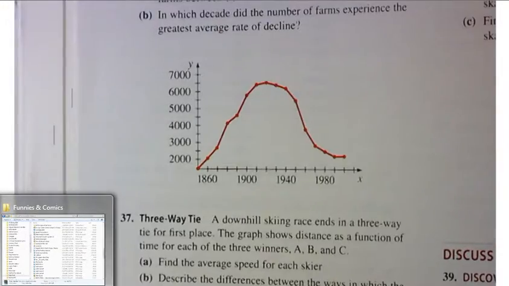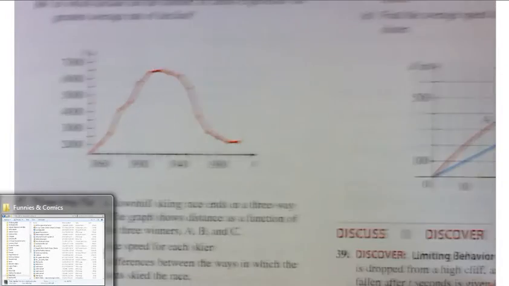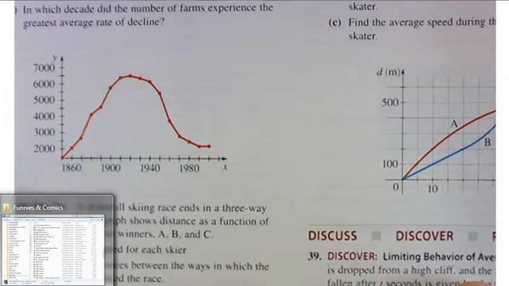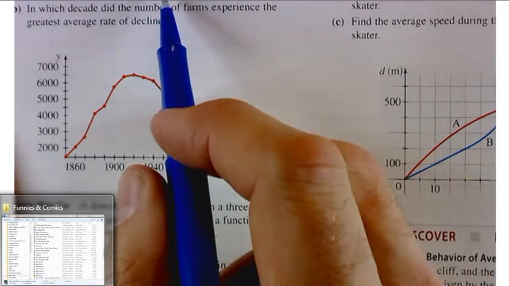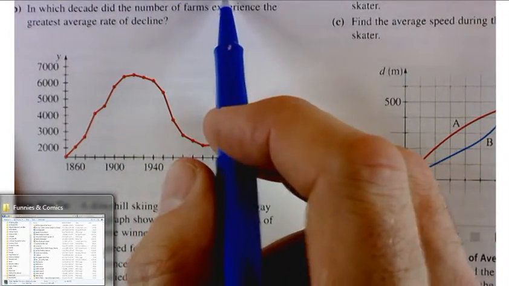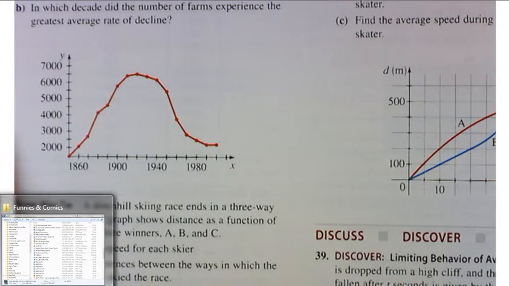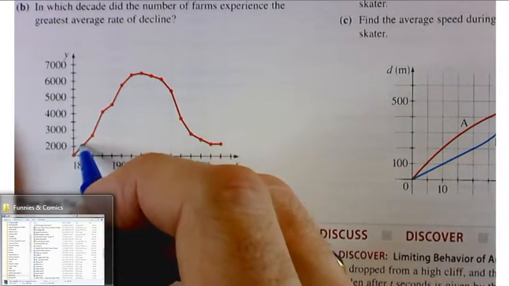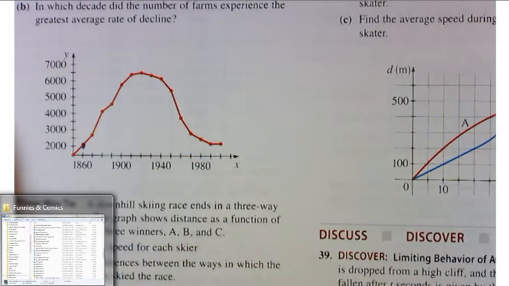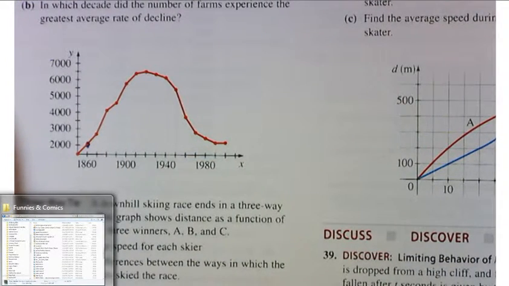So 1860 about here. Let's get rid of that. And 1890. Let's see. That'd be up here. So you're going to have to try and estimate a couple y coordinates and x coordinates for that matter.